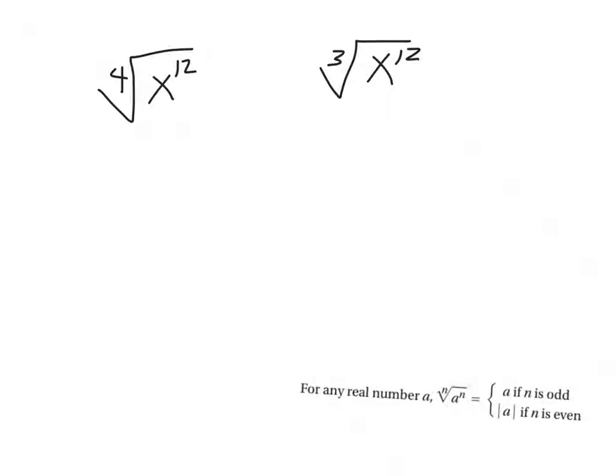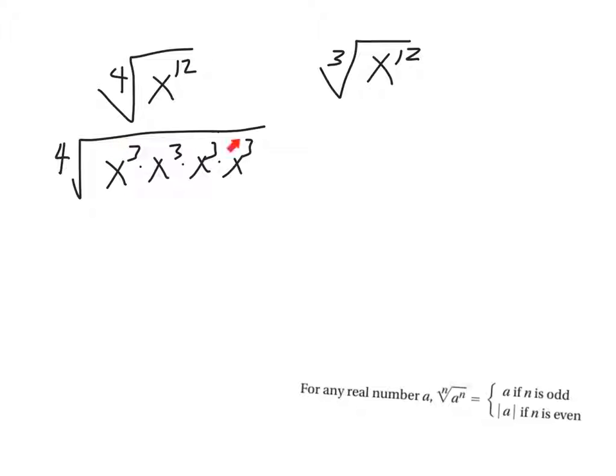Let's do this. We're going to do a ton of examples, and I'll put a simple one in here for us. So, the 4th root of x to the 12th. Think about it this way. Technically, x to the 12th is x cubed times x cubed times x cubed times x cubed. If you think about your rules, we're going to add the exponents across here to get that x to the 12th. Now, there's 4 of them.